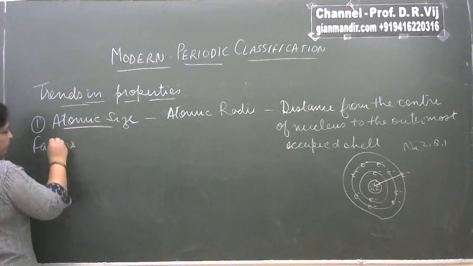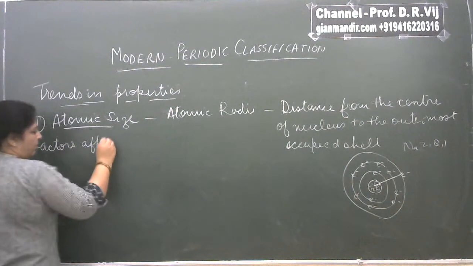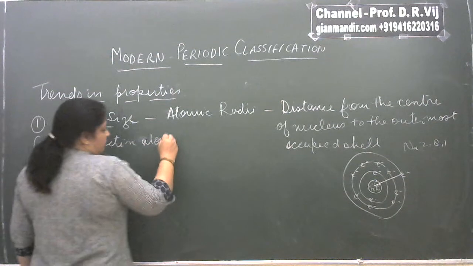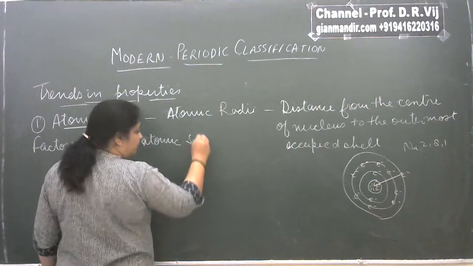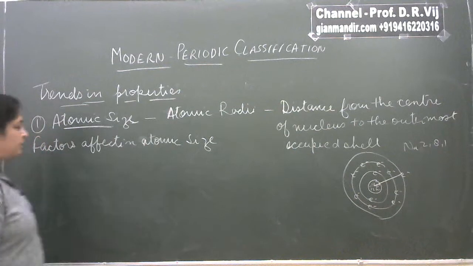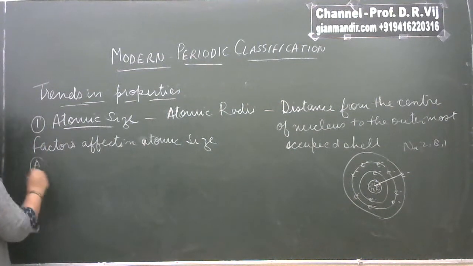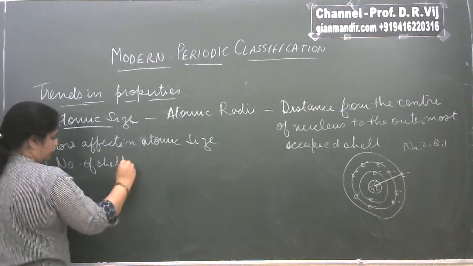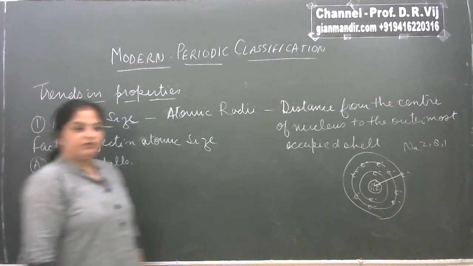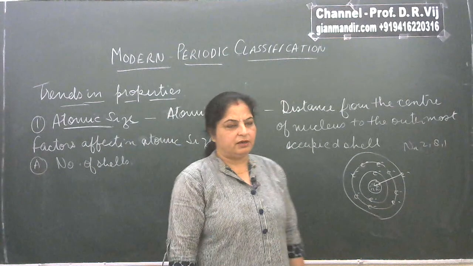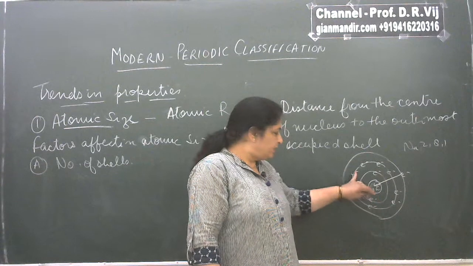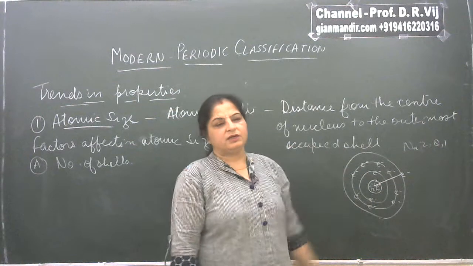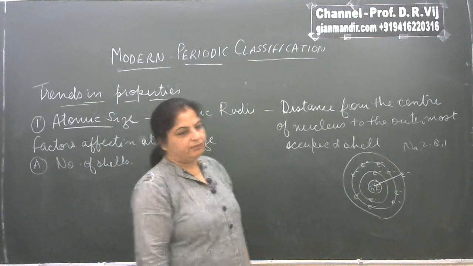So before looking at the periodic trends of the atomic size, let's look at the factors that decide atomic size. So you can say factors affecting atomic size or atomic radius. Here, the first very important factor is of course number of shells. So what do you think is the effect of number of shells on atomic radius? As you can see, more are the number of shells, farther is the outermost shell from the nucleus, and you can say bigger is the atomic radius of the atom.